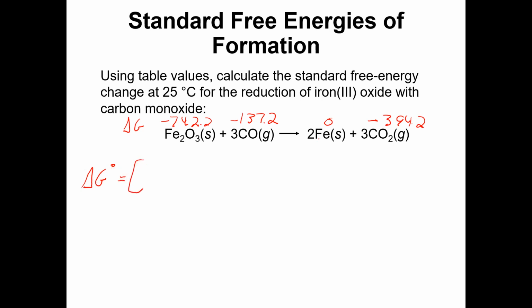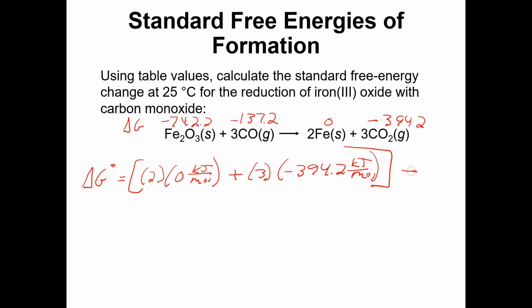if we start on the product side, because we do products minus reactants, we have 2 moles of iron, which has a delta G of 0 kilojoules per mole, and we have 3 moles of carbon dioxide, with delta G equal to negative 394.2 kilojoules per mole. And then we can subtract off the reactants.